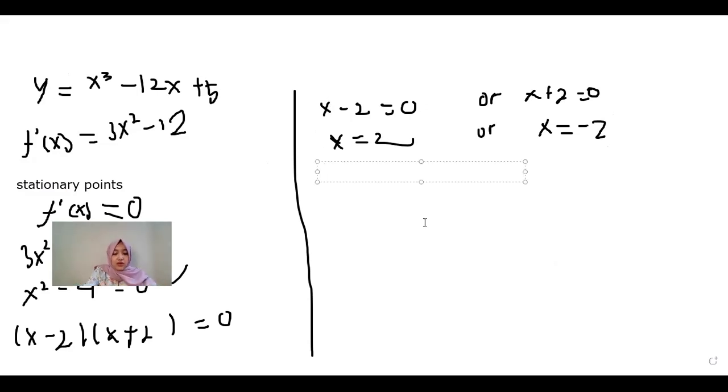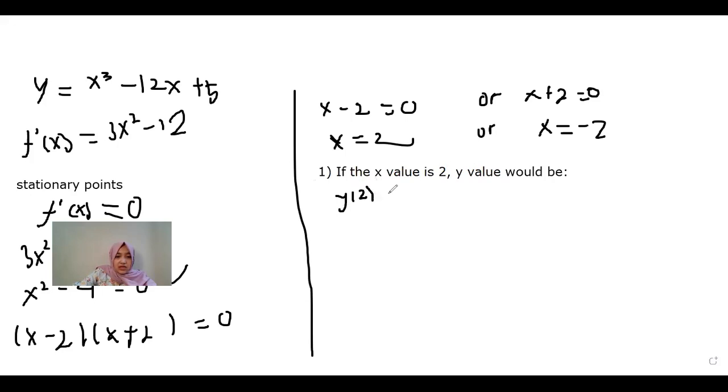Okay, so here it is. If the x value is 2, for the y value we just need to substitute it by 2. So x power 3 becomes 2 in brackets power 3, minus 12x, where x is substituted with 2, plus 5.